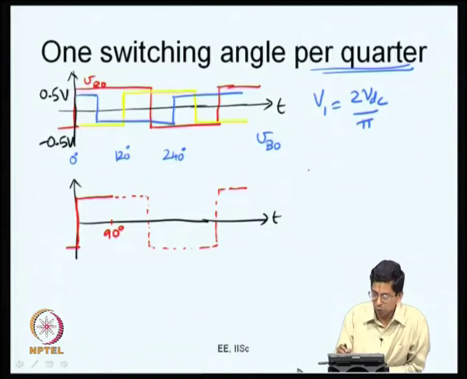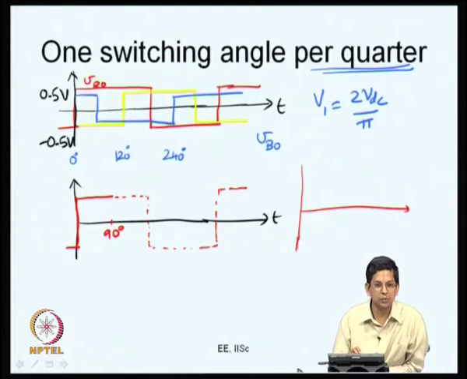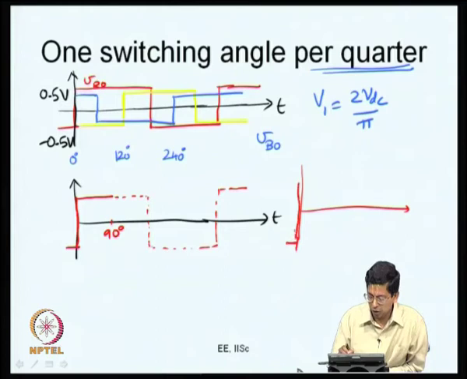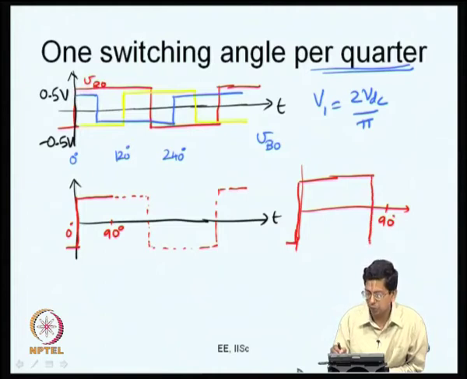We are looking at a waveform with just one switching angle per quarter, which is what we use when we want to control the fundamental voltage. Let us say VRO is negative and switches from negative to positive at 0 degrees, like what it did here. Then before 90 degrees, it switches down from high to low and stays low.